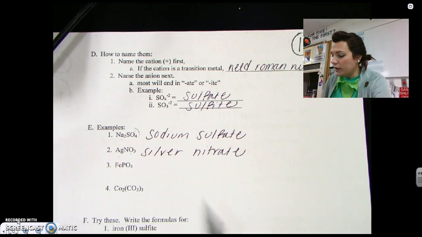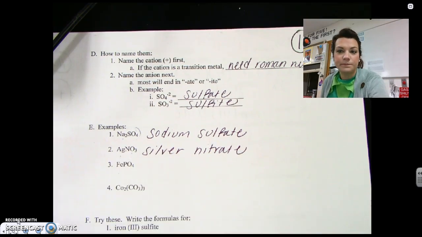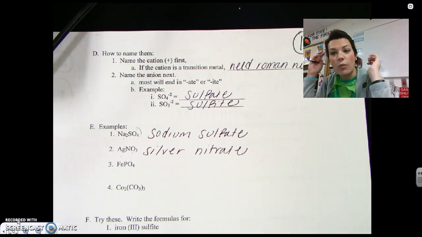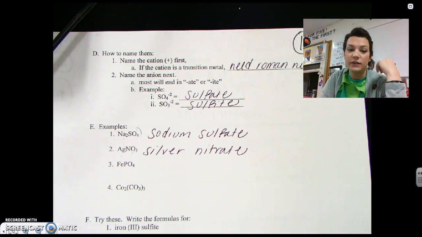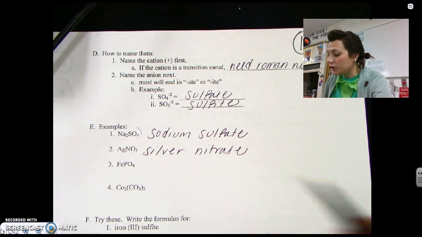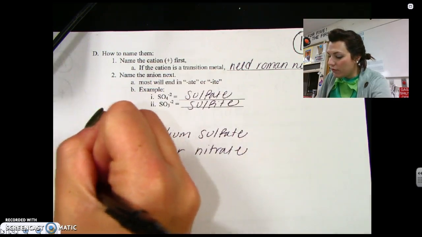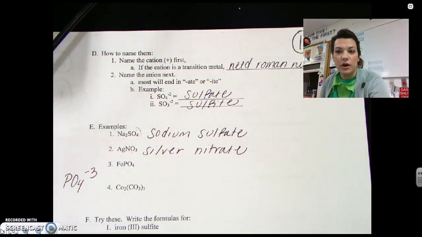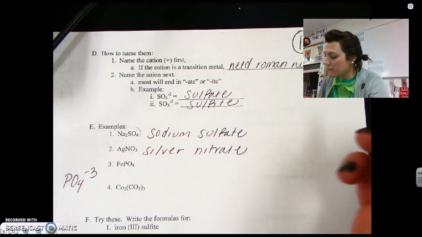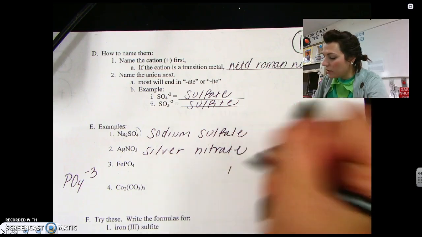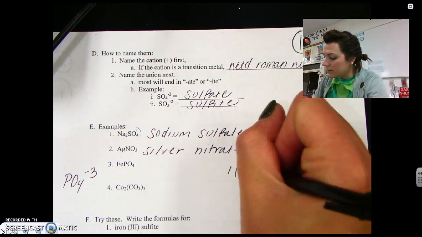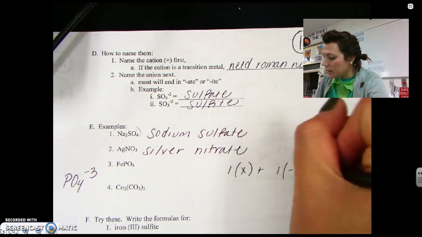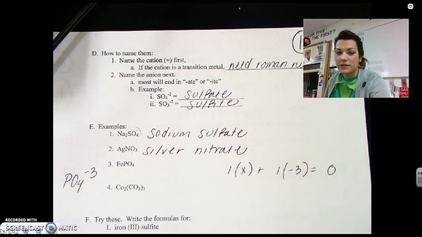Okay, iron, always or wishy-washy? This is going to be a wishy-washy charge, okay? So now I have to figure out what iron's charge is here, okay? PO4, you should know that PO4 is phosphate and has a -3 charge. Okay, so if I do my math here, I'm going to say I have 1 cation times its X charge plus 1 anion times its -3 charge is going to be equal to 0.